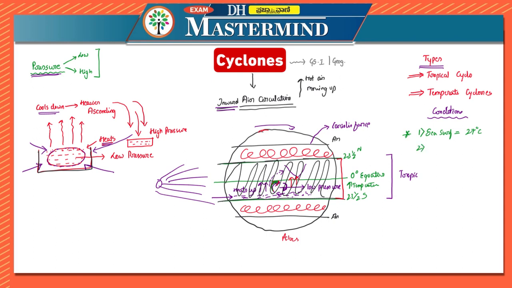And for the circulation, what do we need? We need Coriolis force. So the second one is there needs to be Coriolis force. And how is that affected? Because of the wind.